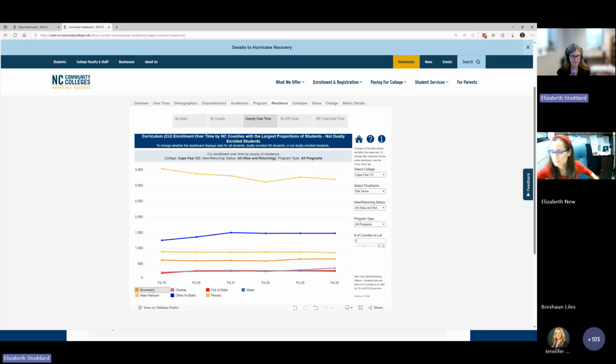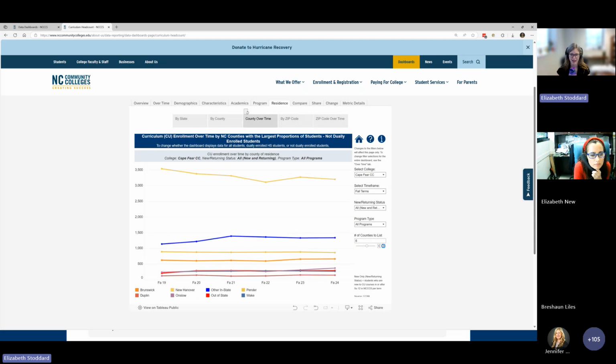Only the 5 counties with the most enrollment are shown on the graph by default, but you can change this little slider here to show your 6 counties with the highest enrollment, or 7. I think it goes up to your top 10 counties.